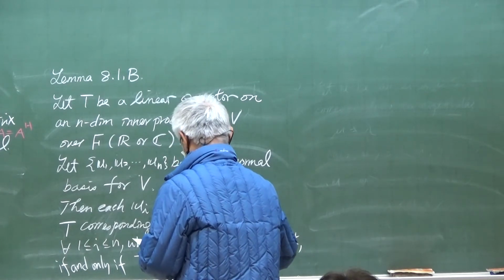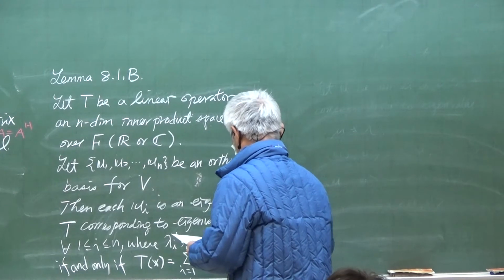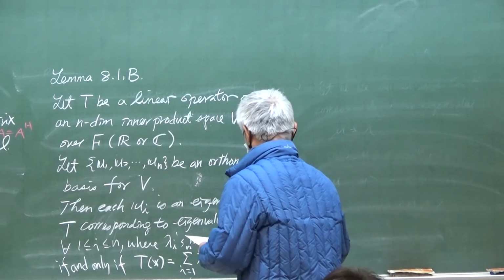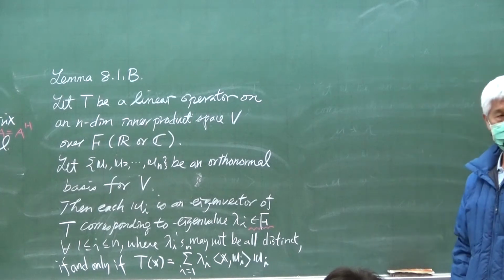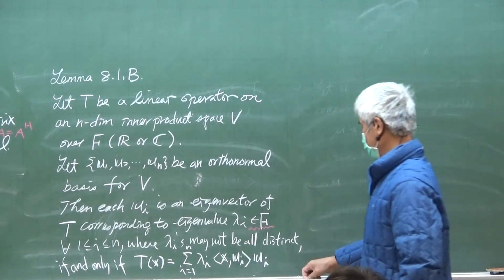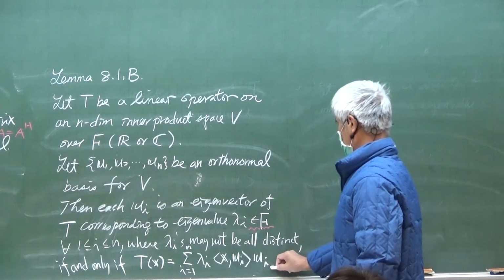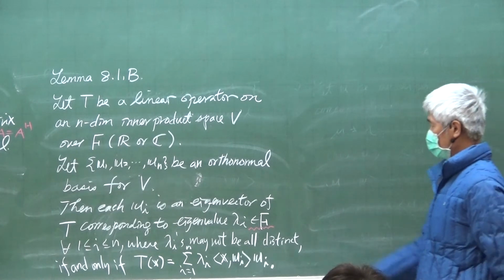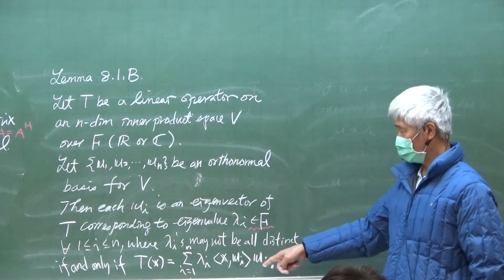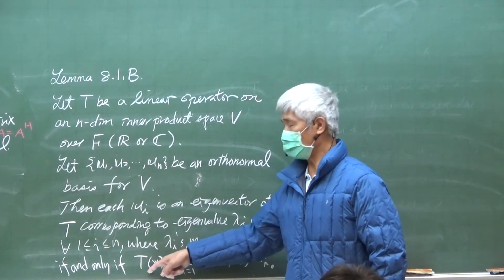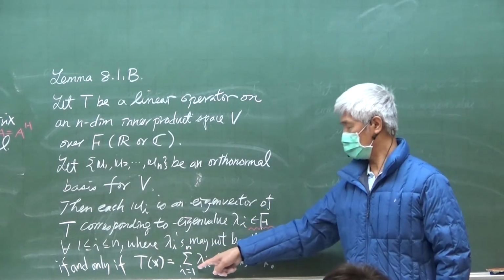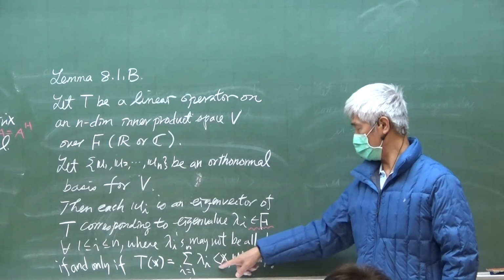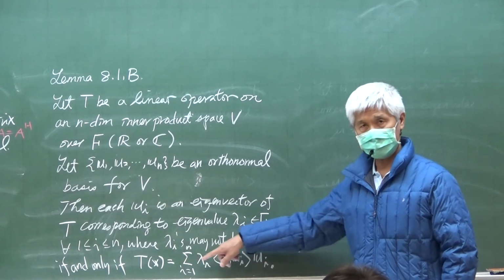T of x equals the sum of lambda i times the inner product of x with ui, times ui. Very simple, right? So this is called a spectral decomposition. We can decompose the linear operator into a sum, and this is a very simple expression.